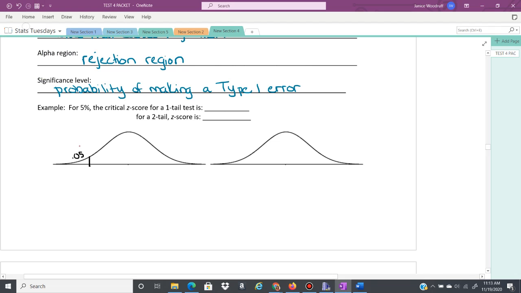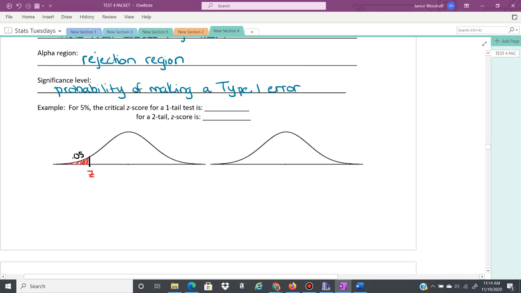Okay, which means I would need a z value for 0.05 in this region here. Okay, so if we recall, for the z value, we have two choices.